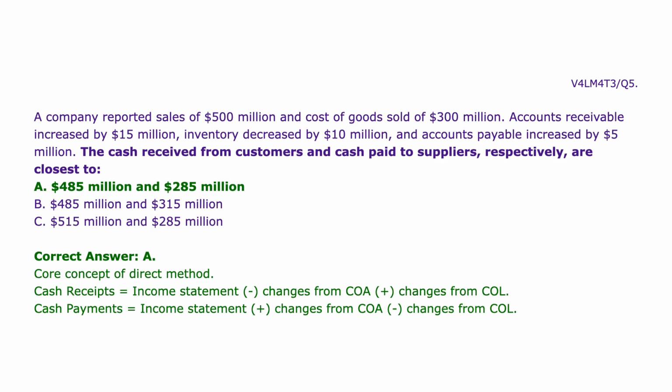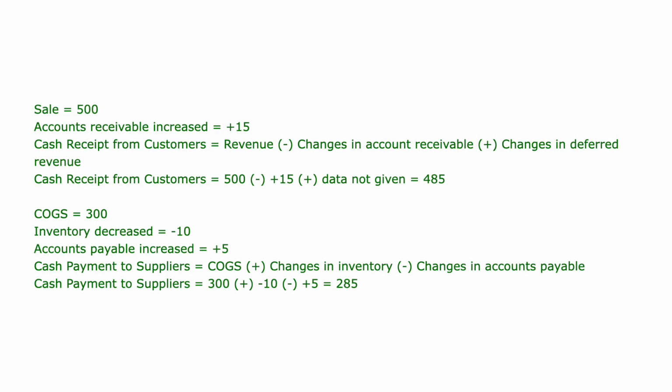Cash receipts equals income statement minus changes from COA plus changes from COL. Cash payments equals income statement plus changes from COA minus changes from COL. Cash receipt from customers equals revenue minus changes in accounts receivable plus changes in deferred revenue.